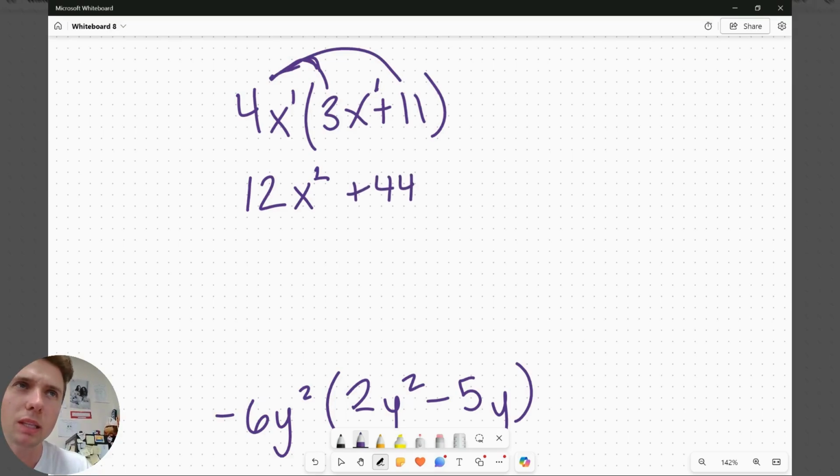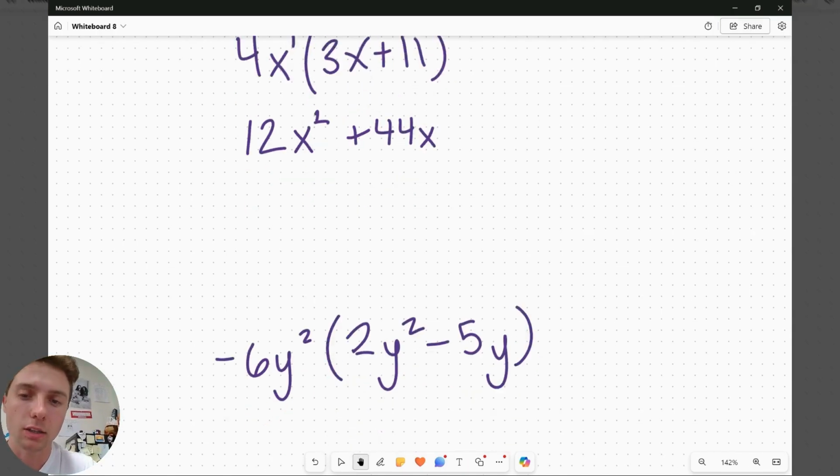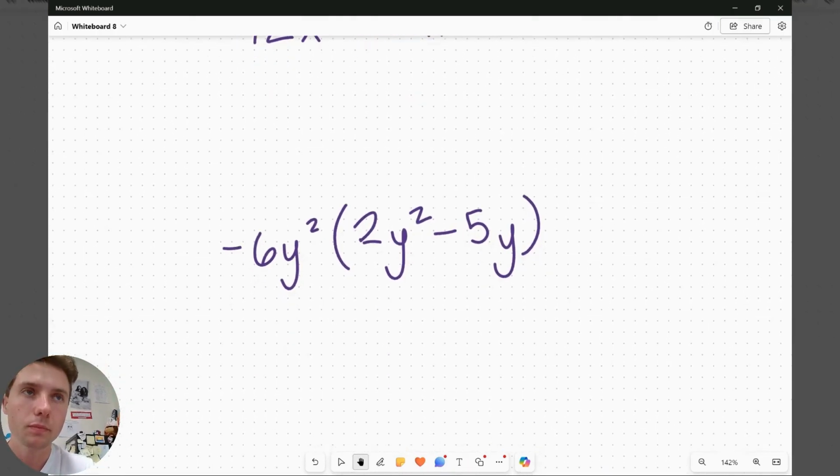And a lot of people make the mistake of just writing plus 44. 4 times 11 is 44, I agree. But what we have is 4x times 11. Well, that needs then the variable. The variable does need to come with. You can write it as x to the first, but realize that is just the same thing as x. That exponent is not necessarily needed if it is a 1.